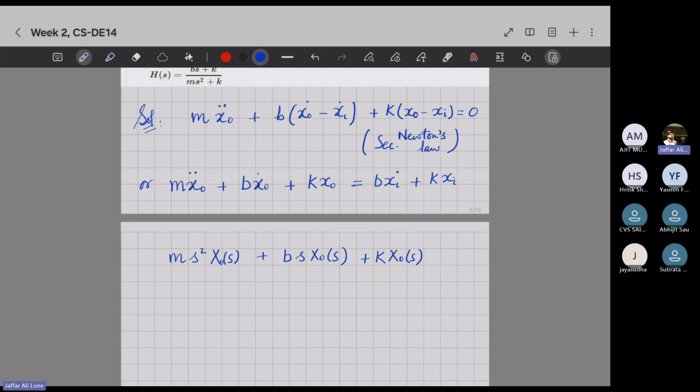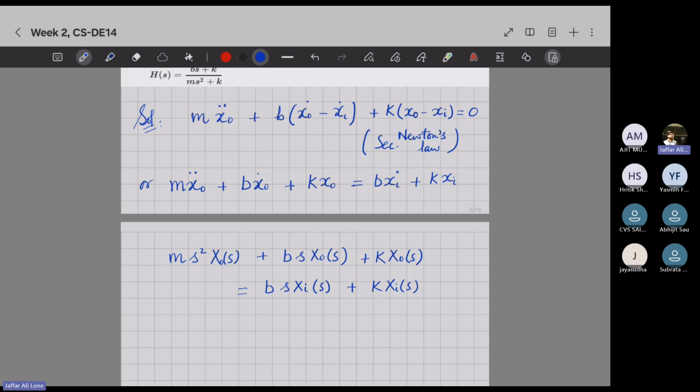This is equal to b into s into X i of s plus k into X i of s. I'm just denoting Laplace transform variables with capital letters.